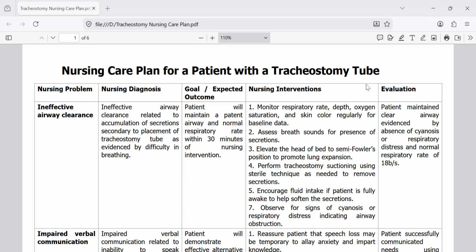The first problem is ineffective airway clearance.